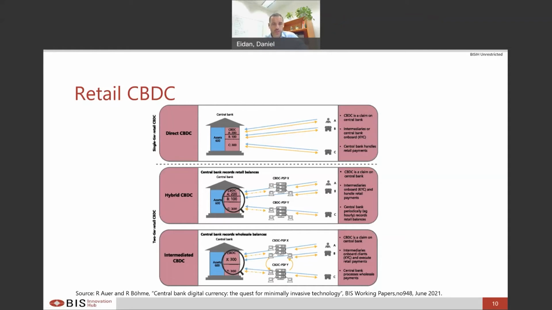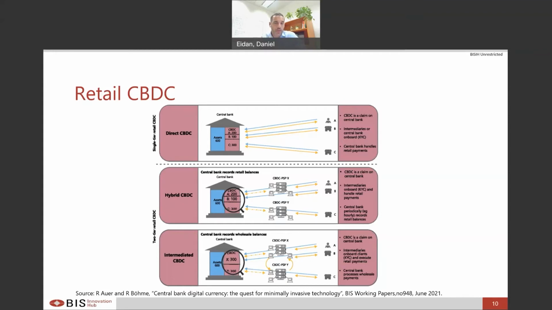Even though those holders have that direct blue line back to the central bank, so they hold a central bank liability, there's an obfuscation of what the actual positions are, meaning that the central bank only knows the positions of the payment service providers, but the payment service providers in turn know the positions of the end users. There are different balances to each of these three models.